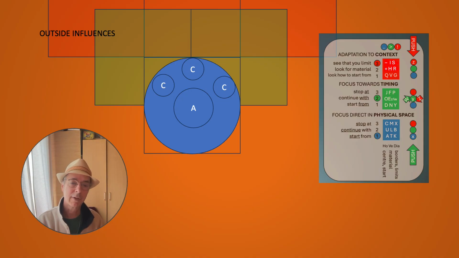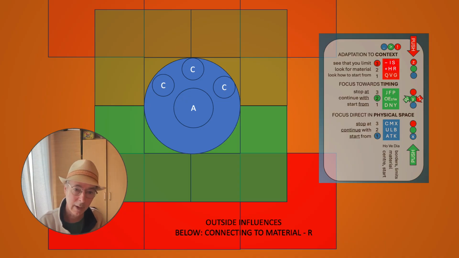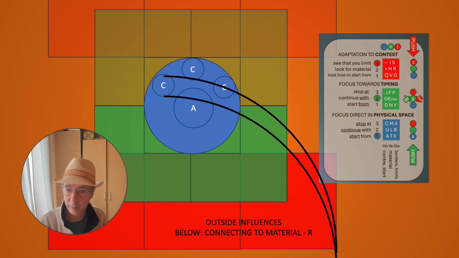But the order of the letters is C and then A, so I'll put the outside influences at the bottom, so that they can be added. The R is a connection point where it connects all the material into the outside world, somewhere else. So it will connect material there, which is quite fitting as well.